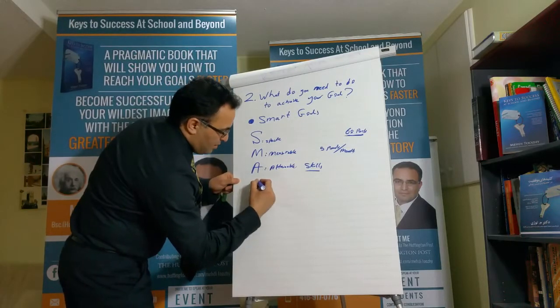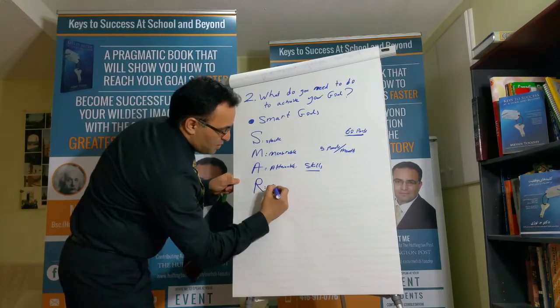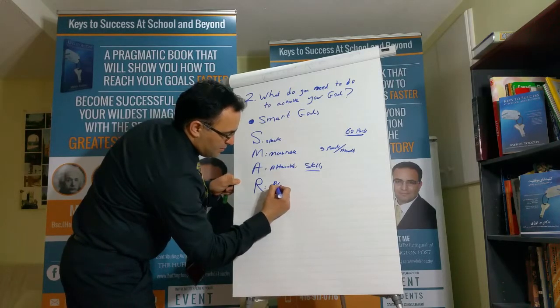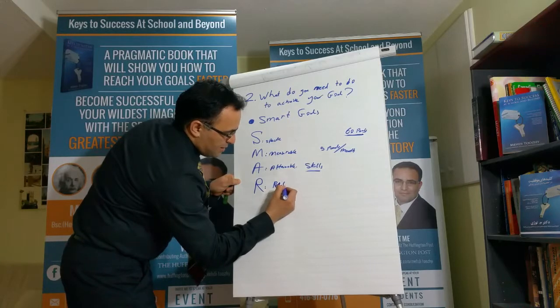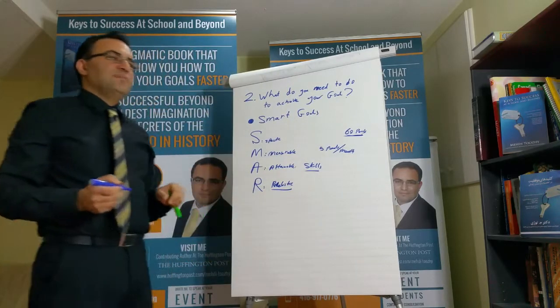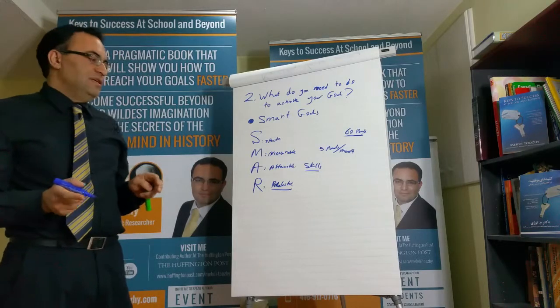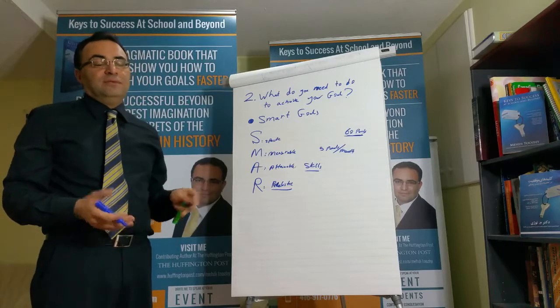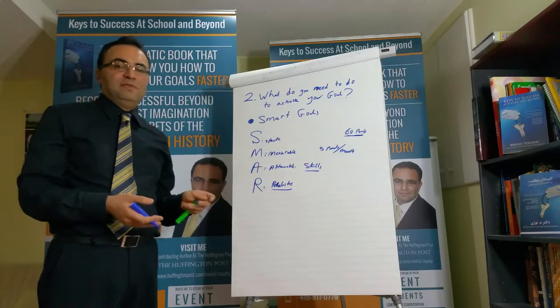And R is for realistic. If I want to lose weight, if you say, I want to lose 200 pounds, I mean, that could not be within your capacity.